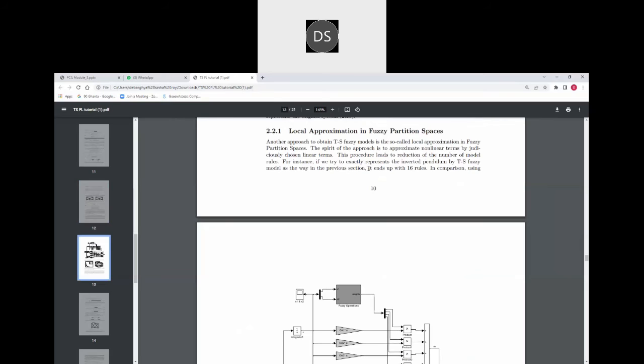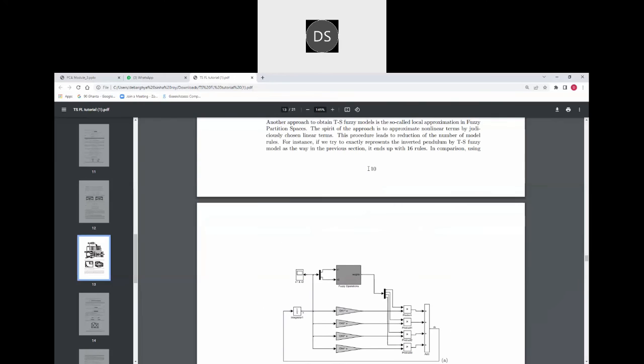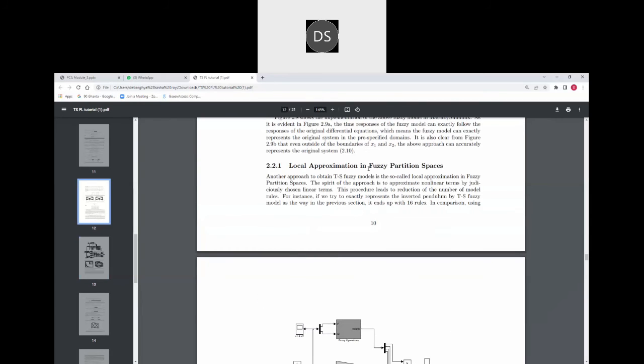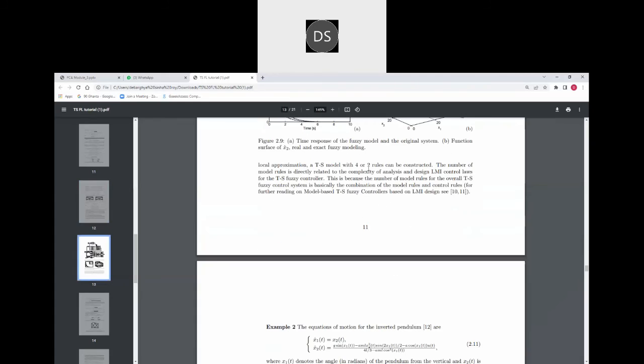In the inverted pendulum, we take around 16 fuzzy rules to model the system. But if we use local approximation in fuzzy partition spaces, we can describe the system even in 2 or 4 rules. This way it helps us reduce lengthy models.